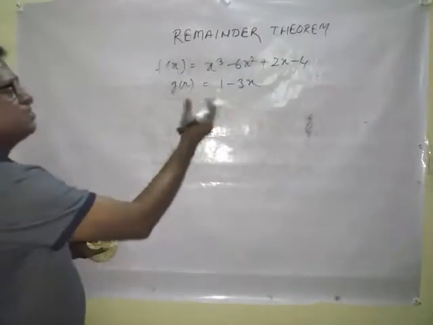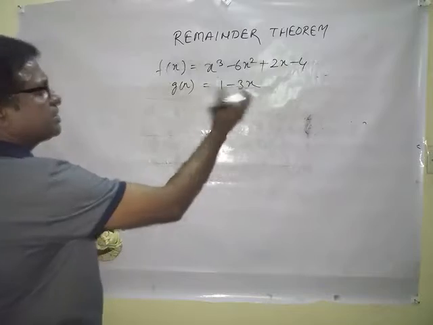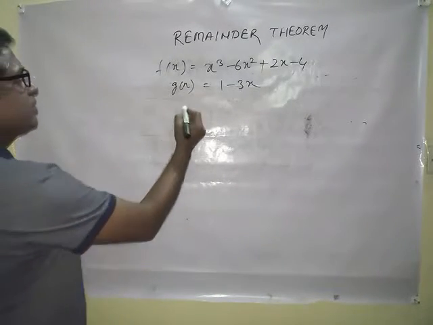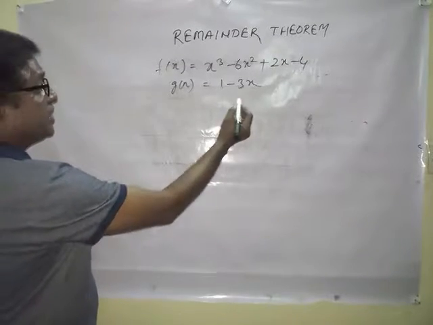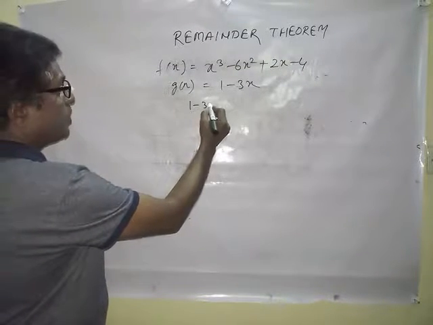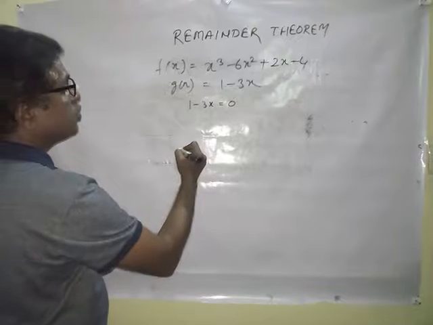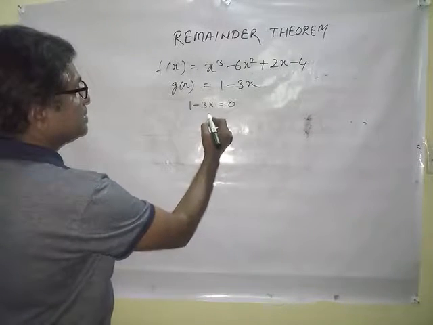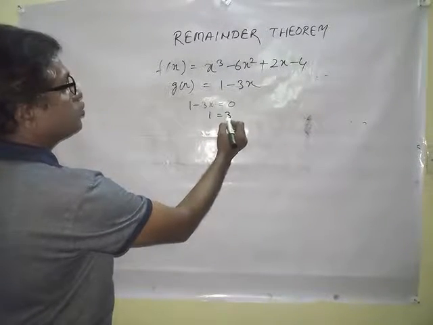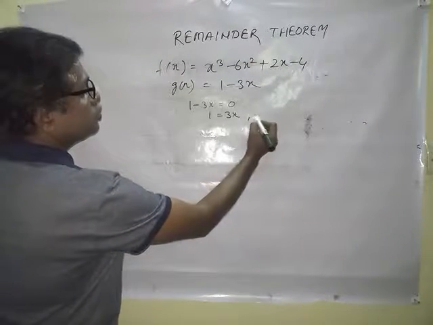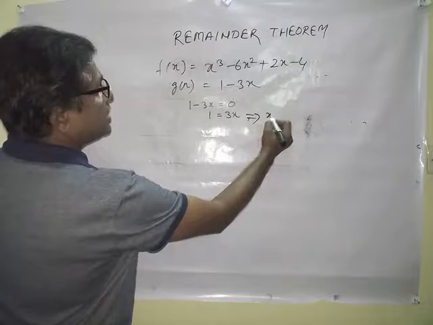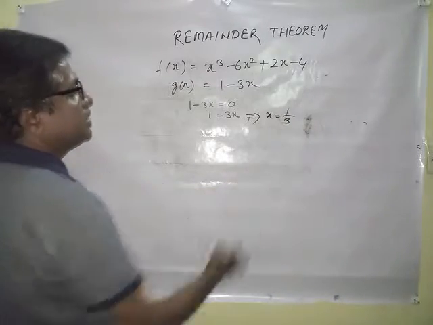The little twist is that x is kept here and here. It does not make much of a difference. So you write down with the remainder theorem 1 − 3x = 0. Take 3x here, 1 = 3x. Take 3 here, so x = 1/3.